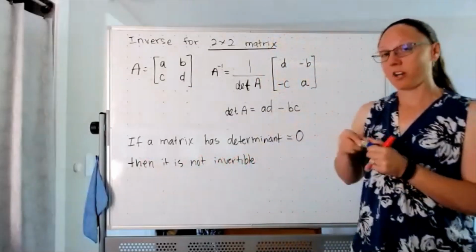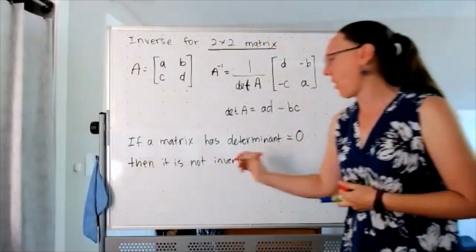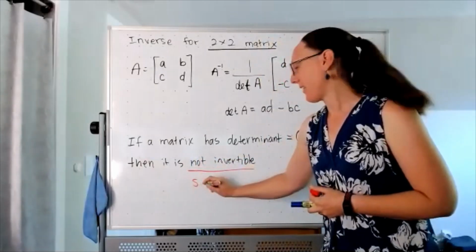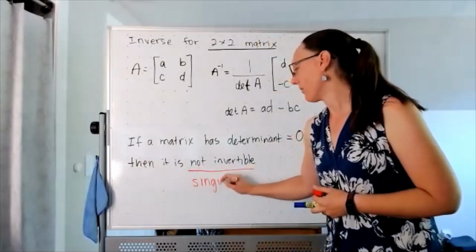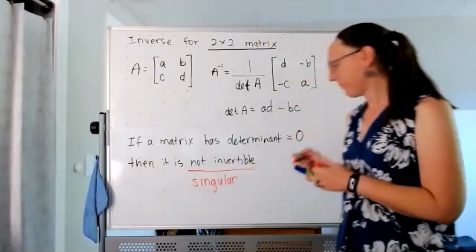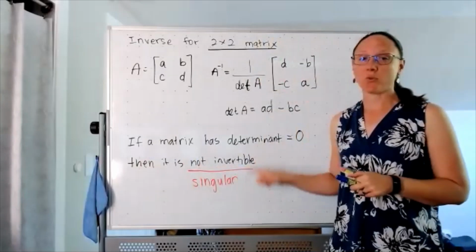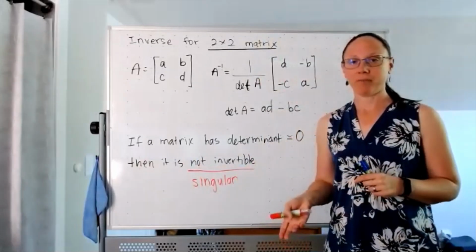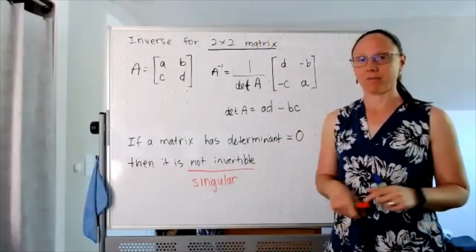And the other word that we can give for not invertible, a synonym for that, is to say that it is singular. So these two phrases are interchangeable, saying that a matrix is not invertible or saying that it is singular.